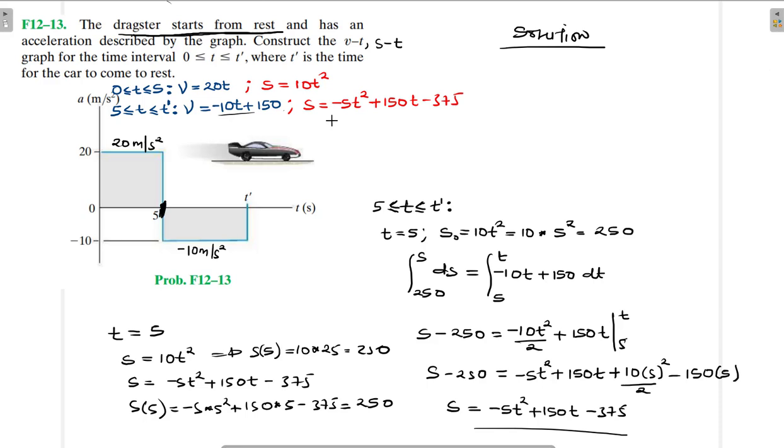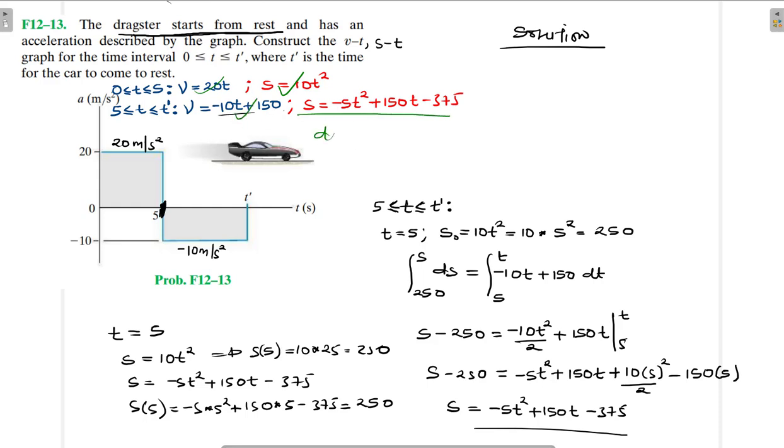And when you look at these equations, if you differentiate this, you get V, and you get exactly 20t, right? And if you differentiate this, you get 20 constant, and the same goes with this.